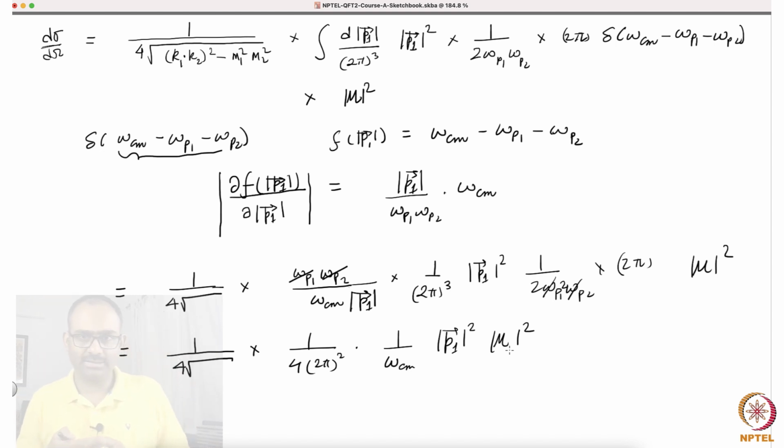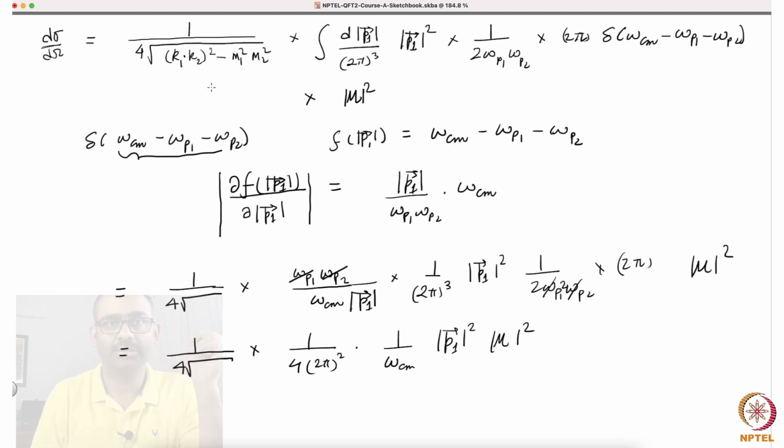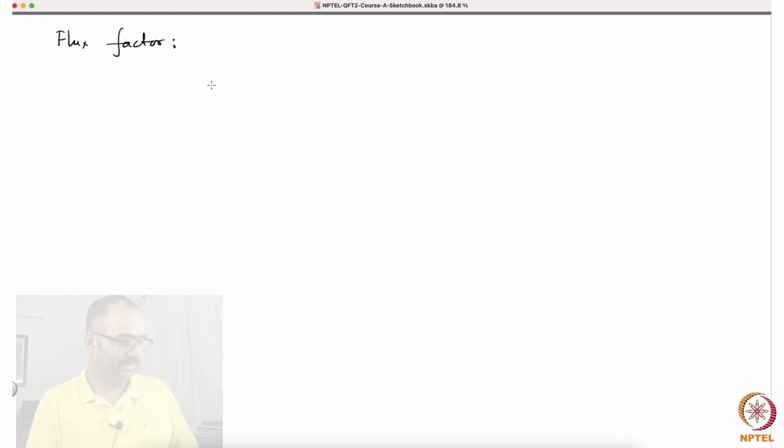Now let's look at the flux factor. This involves k1 dot k2 whole square. Let me first calculate that.